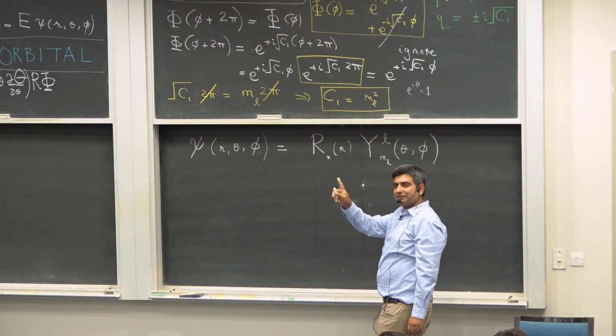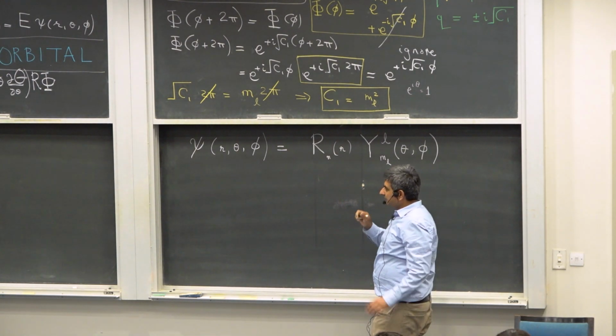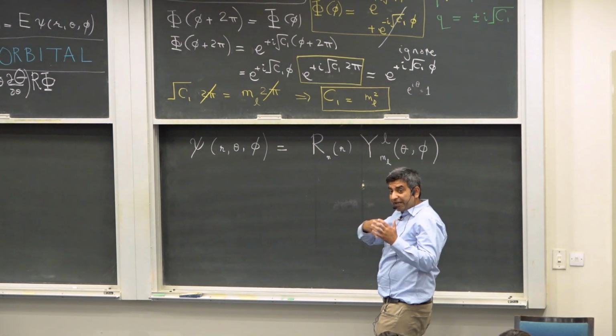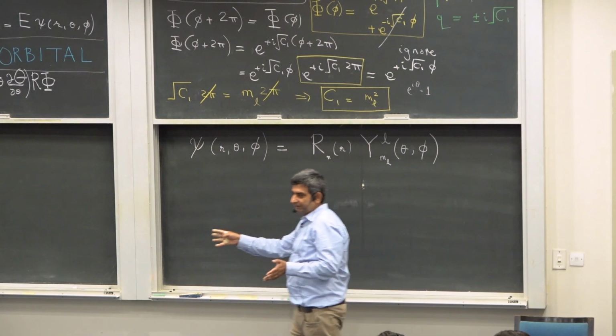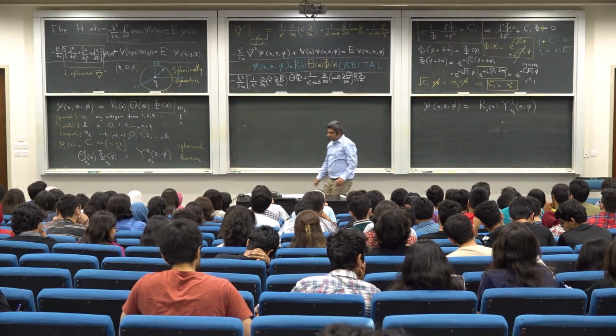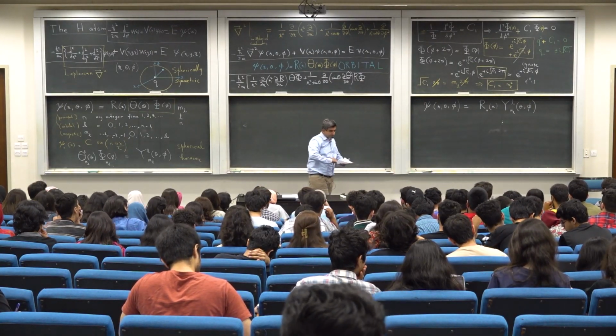Three quantum numbers N, L and ML. The quantum numbers are mutually constrained and they quantize certain things. I'll show later.